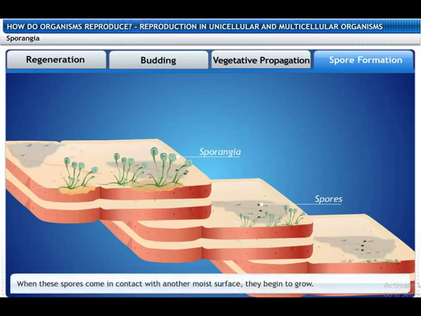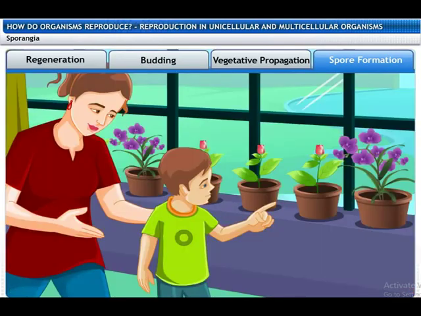These spores keep floating in the air and eventually attach themselves to a surface that is moist, and then they start growing. Can you figure out which of the plants here reproduces with the help of spores? Let me see. Don't these ferns have spores? Correct. A fern is a plant that uses spores to reproduce.